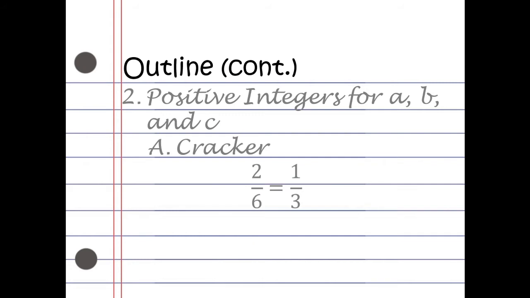So the first material we use to talk about this visual is a cracker, and I'll be using this cracker to explain that 2/6 is equal to 1/3. The next material we use for this visual is pizza, and I'll be using this material of pizza to explain that 12/20 is equal to 3/5.